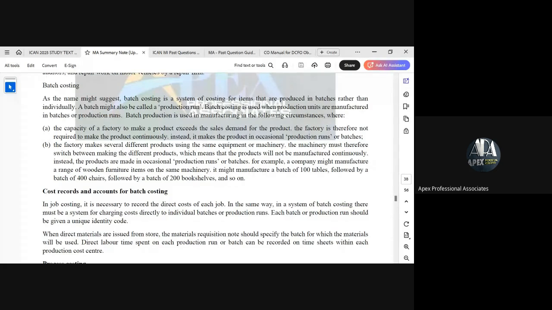What they do is to produce 1,000. They produce en masse, so it reduces their cost per unit, and then it is more profitable for them. Do we get it now? These are the three reasons why an organization can decide to use the batch costing method as a way of costing the goods they manufacture.